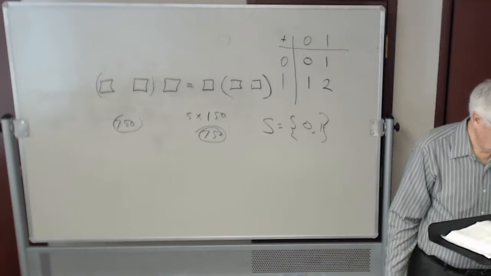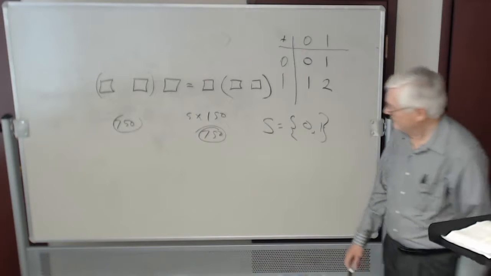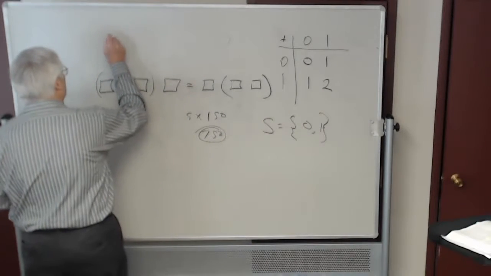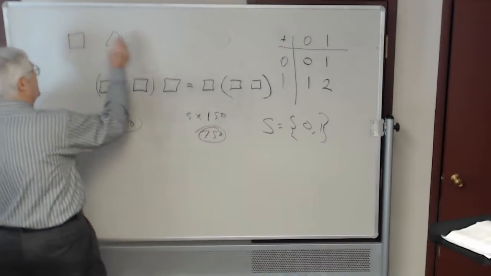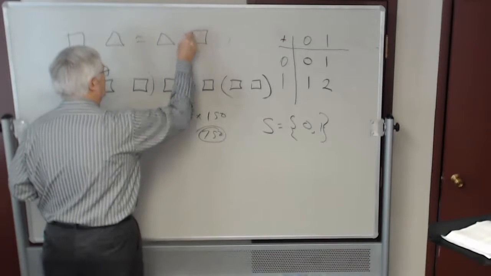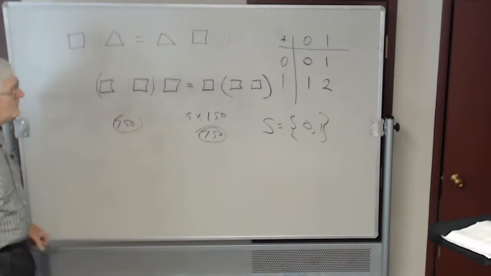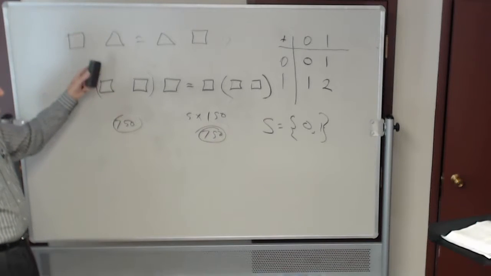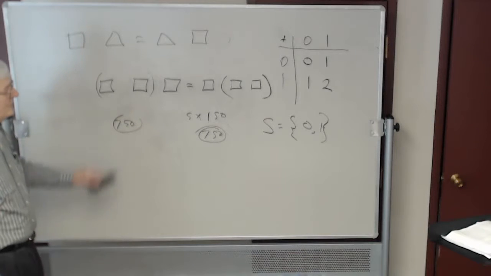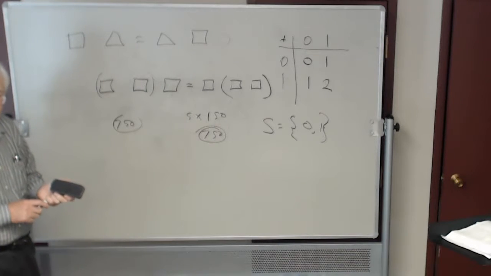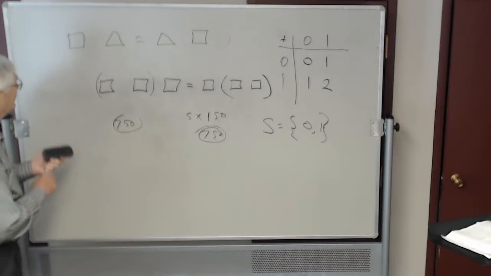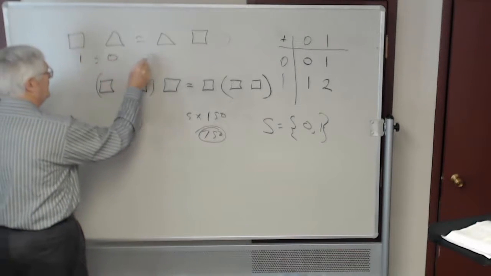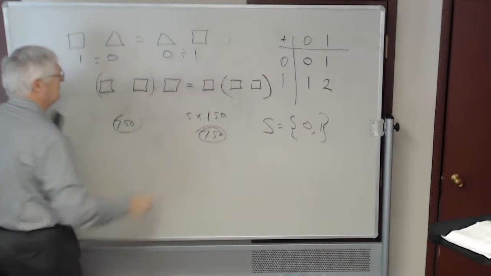And then give an example where it's not commutative. Commutative would just be switching the order. So addition you could switch it. Subtraction, you could switch it. Multiplication, you could switch it. Looks like it would be division again. 1 divided by 0 does not equal 0 divided by 1, does it?